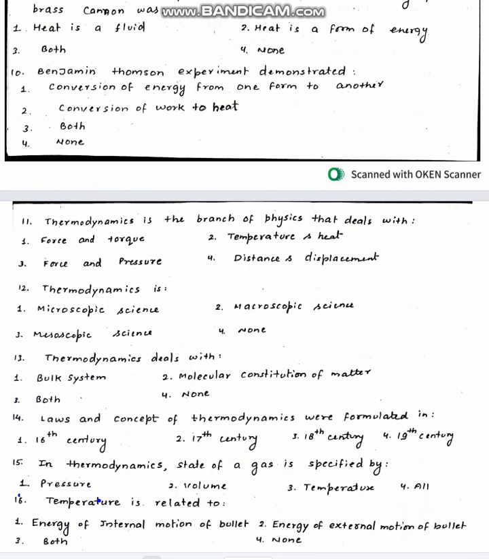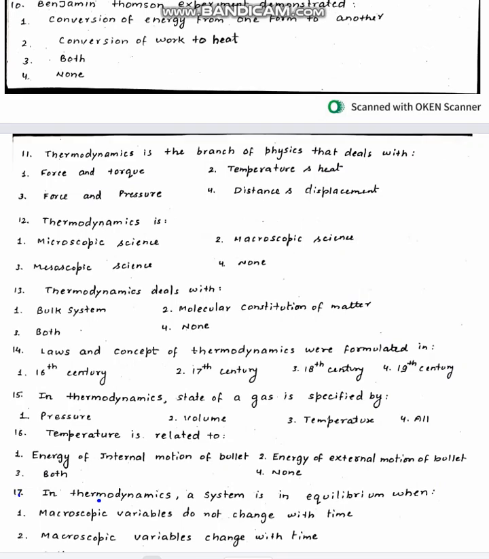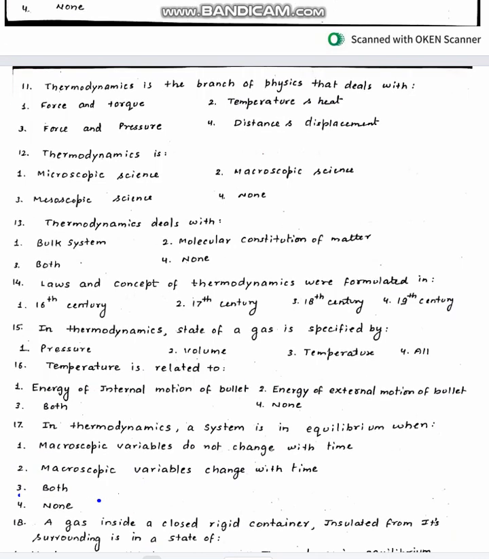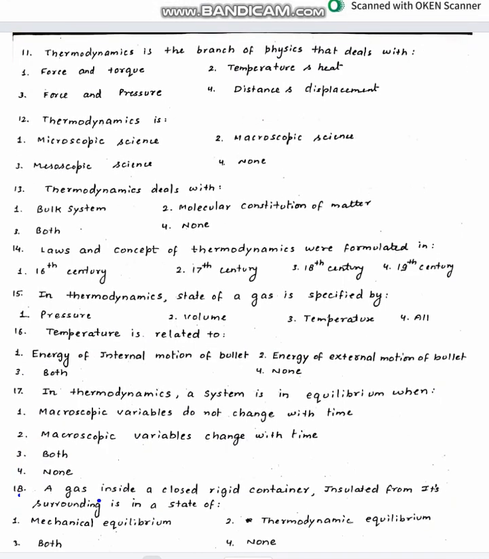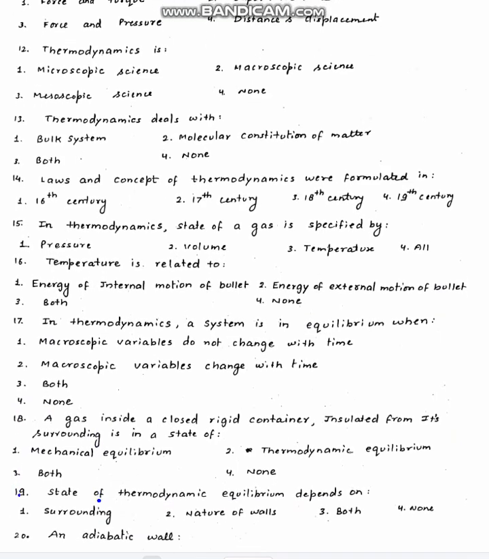Then quality of thermodynamics, whether it is microscopic or macroscopic. Then with what things thermodynamics deals with. Then we have the year in which laws and concepts of thermodynamics were formulated. State of a gas. Then we have relation of temperature. Then equilibrium system in thermodynamics.